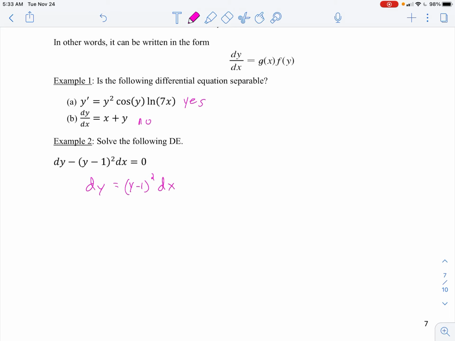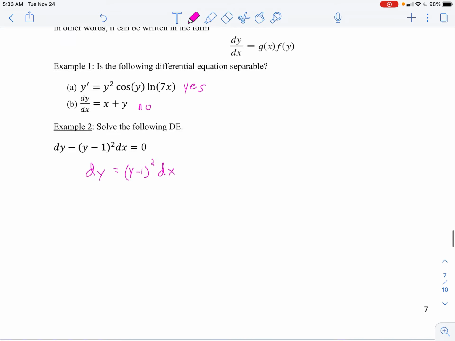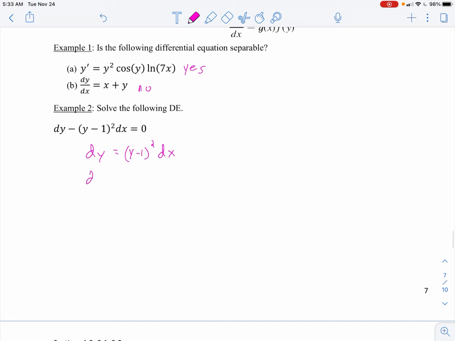Now I want all my y's on the same side, so I'm going to divide both sides by (y minus 1) squared. So I'm going to get dy divided by (y minus 1) squared is equal to dx. Now what I would do is bring it up to the top, putting in a negative exponent. So (y minus 1) to the negative 2 power dy, and on the right, it's just dx.